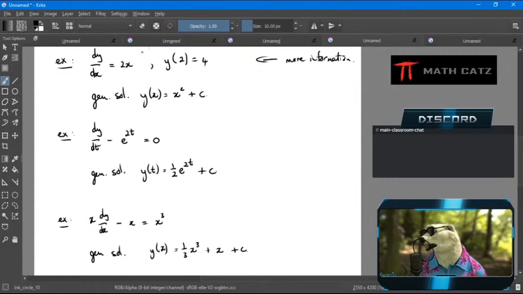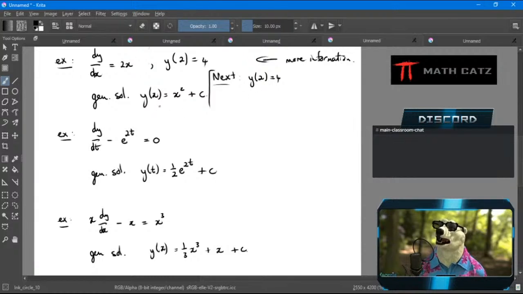Then I can say, okay, I have a differential equation. I need to find what these solutions look like in general. And now let's go a little bit further. Next, I can say, okay, let's use this extra information to find in particular which value of c, which function you want that solves the differential equation and satisfies this extra information.